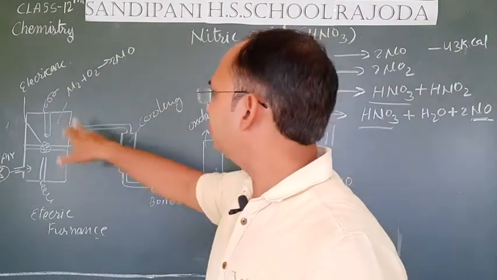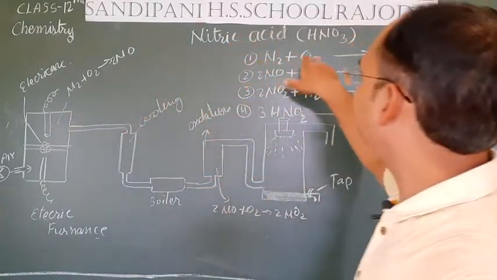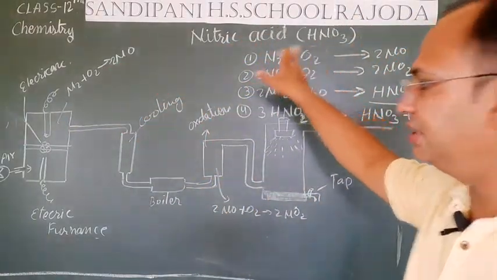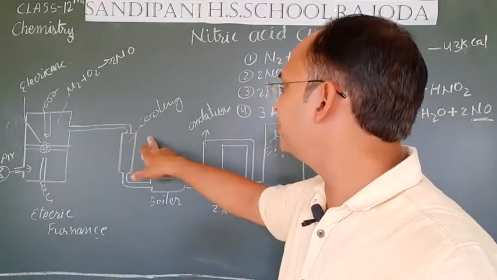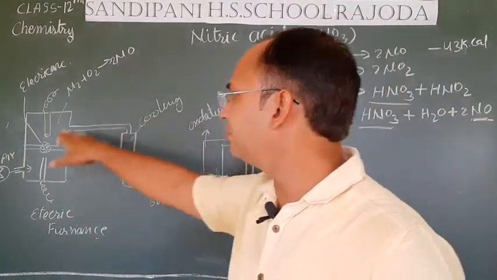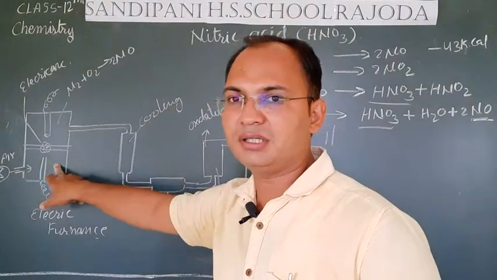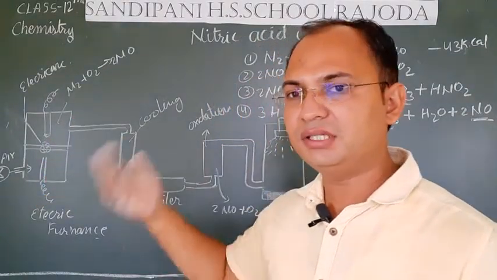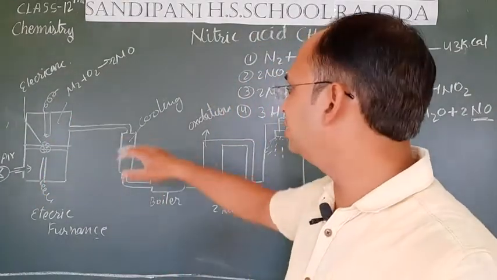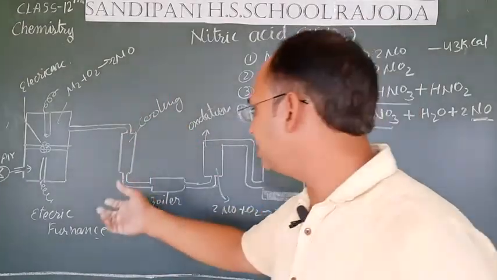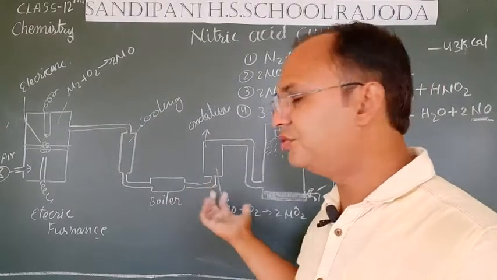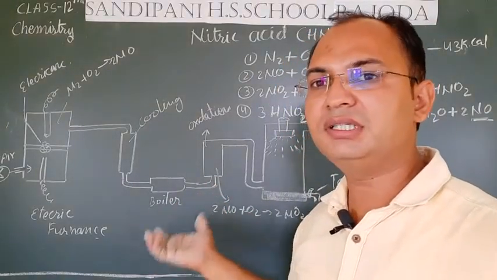place. So this reaction, the very first reaction, takes place in the electric furnace, then it moves forward and cools down. Due to the electric charge, the temperature of the nitrogen oxide is very high. So here in the cooling chamber it is cooled down, then again it moves forward, and in the boiler it starts boiling.